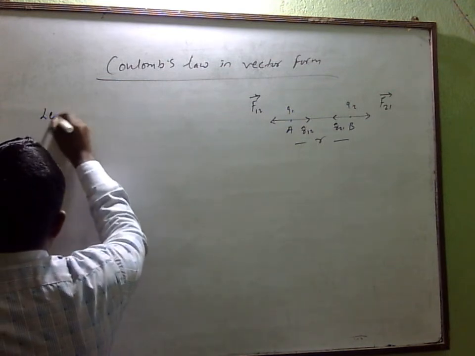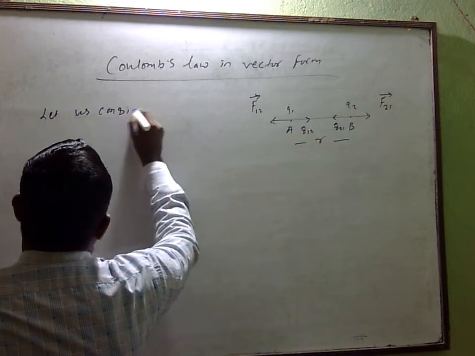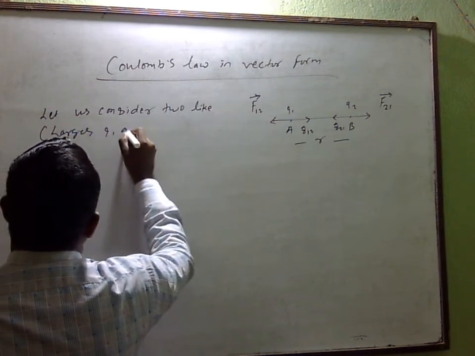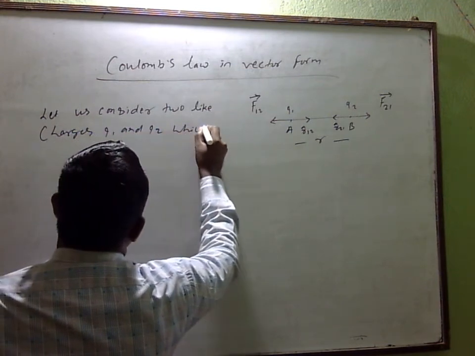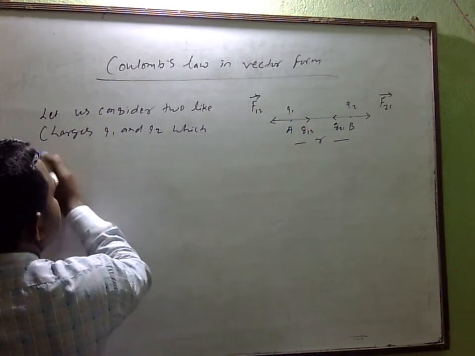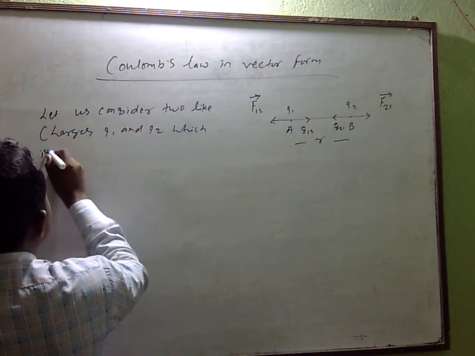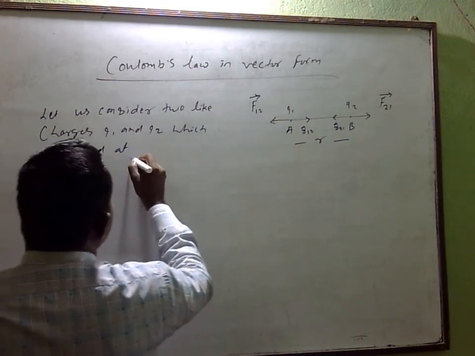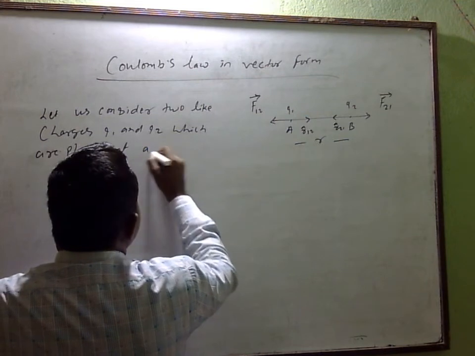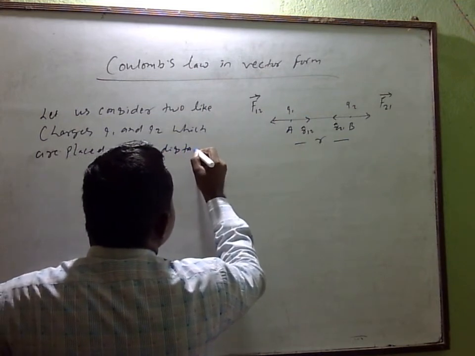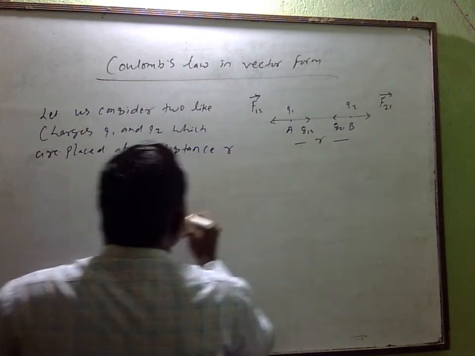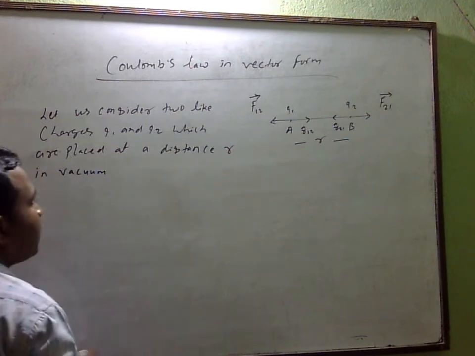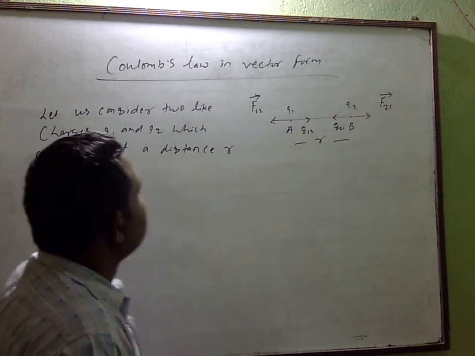So we can write here, let us consider two like charges Q1 and Q2, which are placed at a distance r in vacuum.